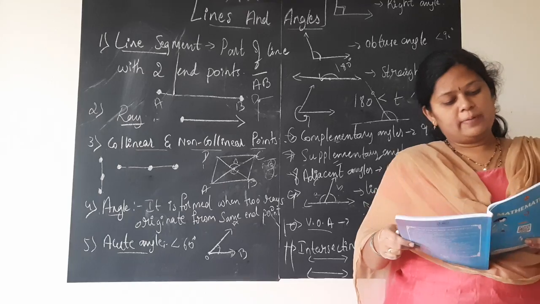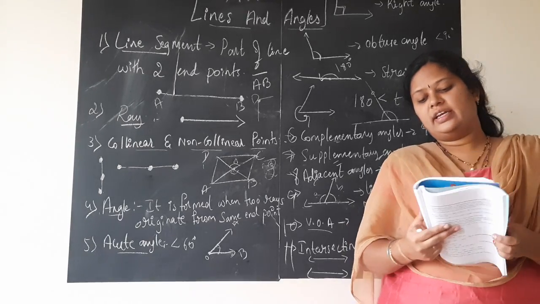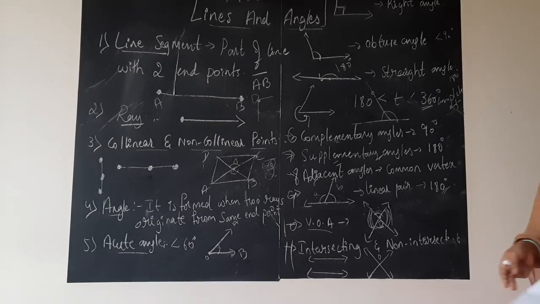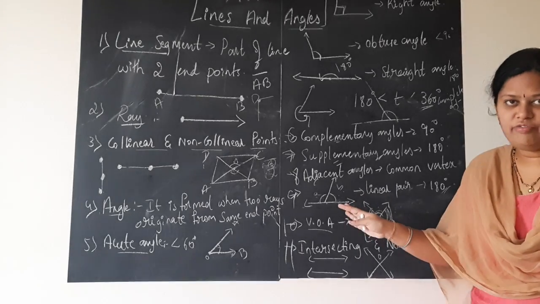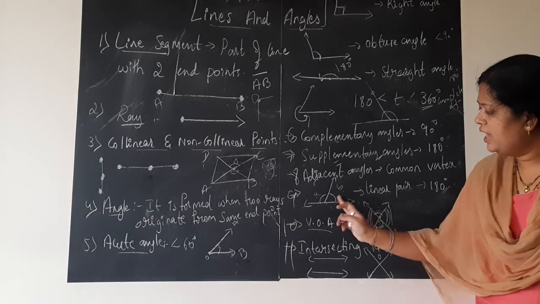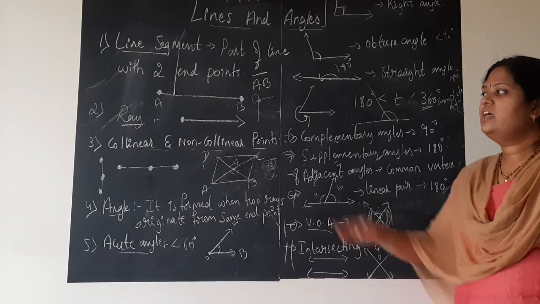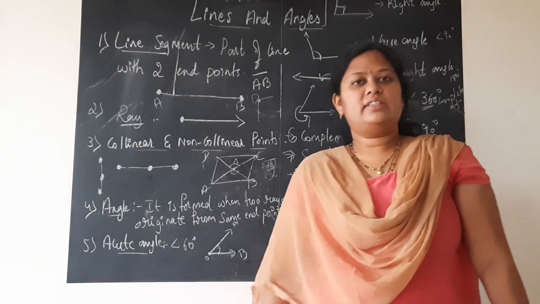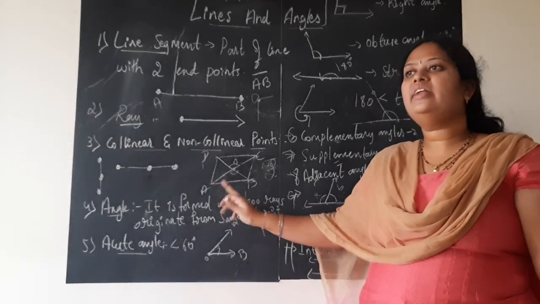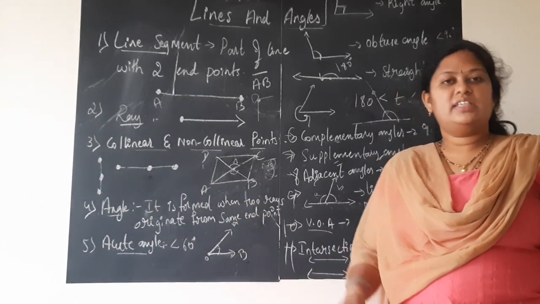Axiom 3.1: If a ray stands on a line, then the sum of two adjacent angles so formed is 180 degrees. That is what we learned in the case of linear pair. Just now I explained what adjacent angles are. Similarly, children, if one angle is beside the other, they are called adjacent angles.